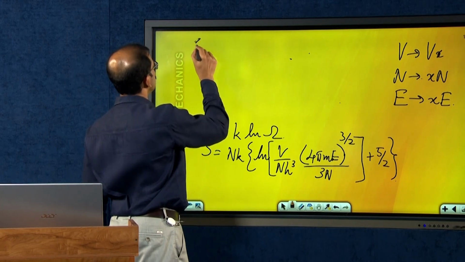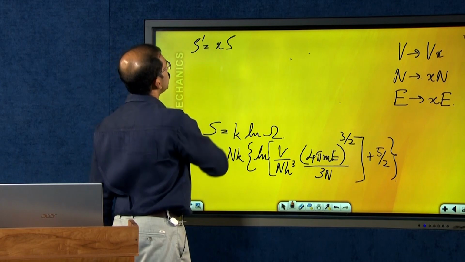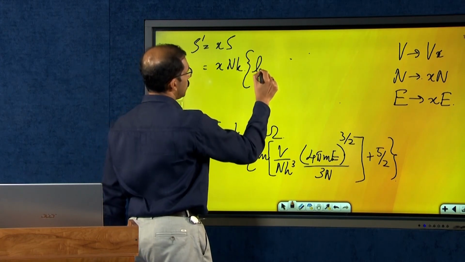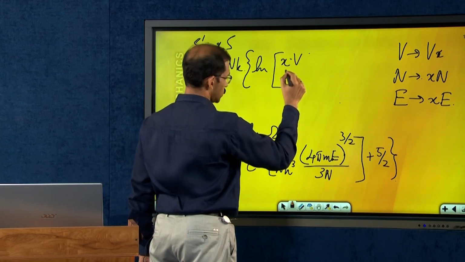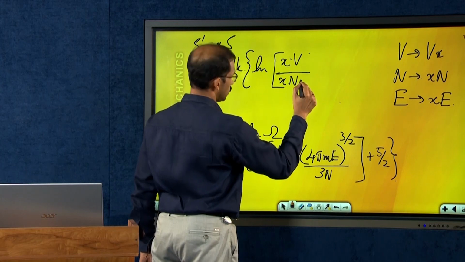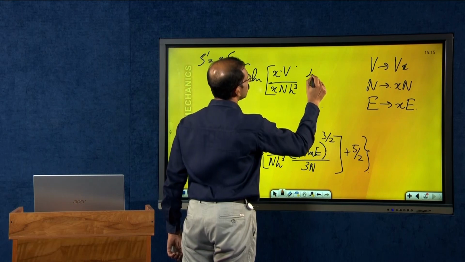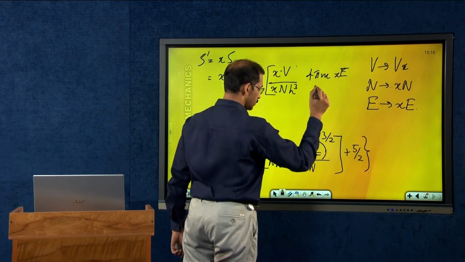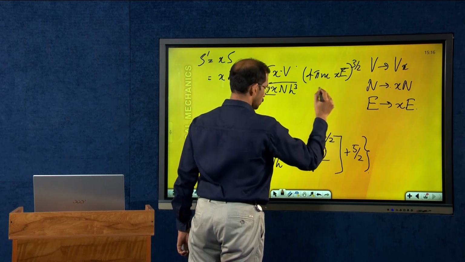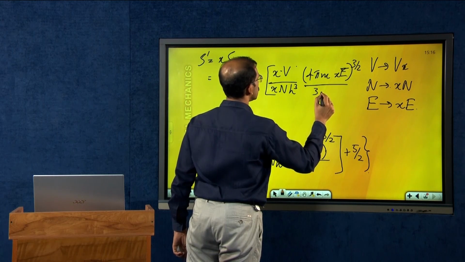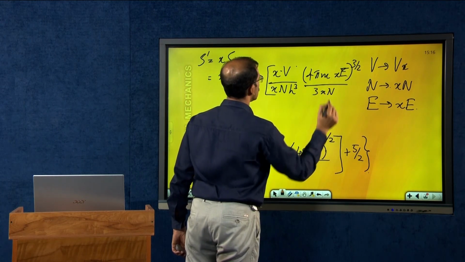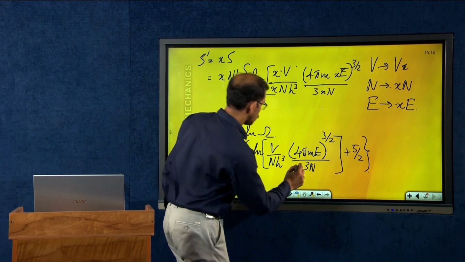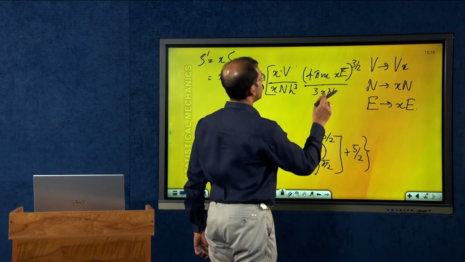So now S dash is equal to x into S, which I can write as x nk ln x V divided by x N h cube, 4 pi m, e should be x e, raised to 3 by 2, divided by 3 x n, raised to 3 by 2.